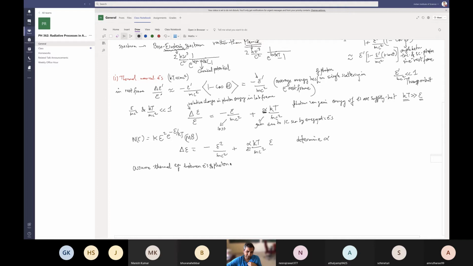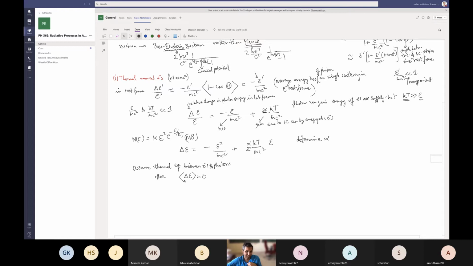So if there is thermal equilibrium, then delta epsilon is equal to 0. Right? So there is no change in the energy of photons once they are in equilibrium with electrons.